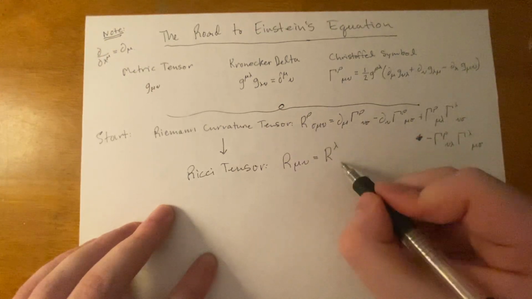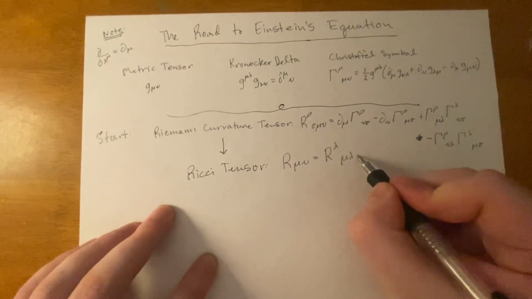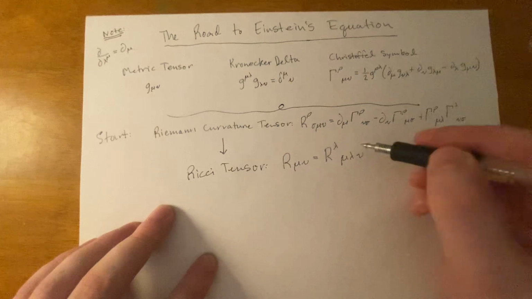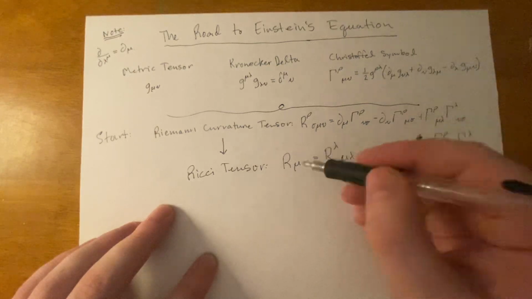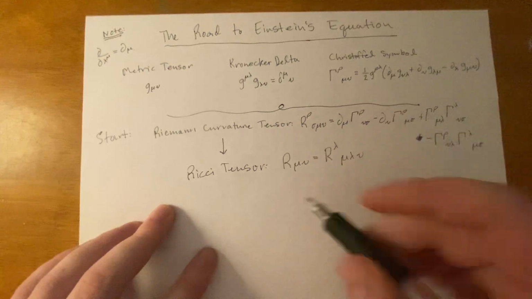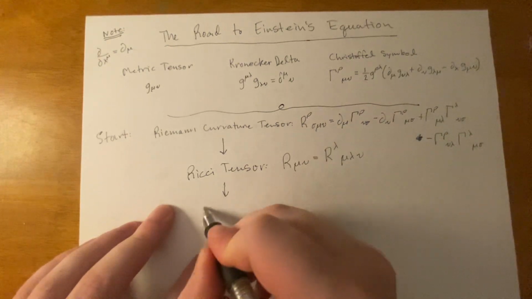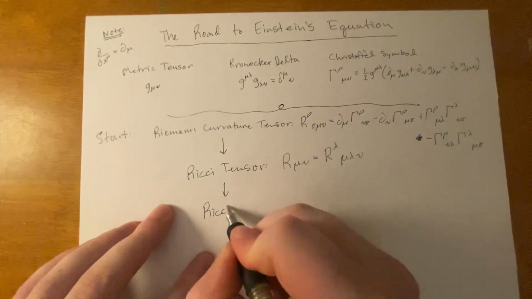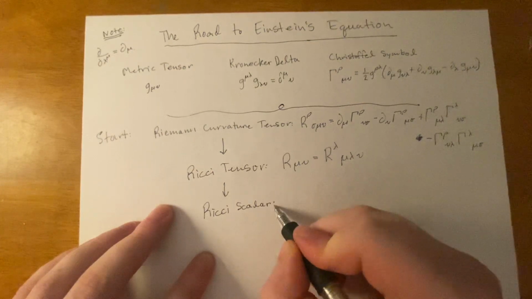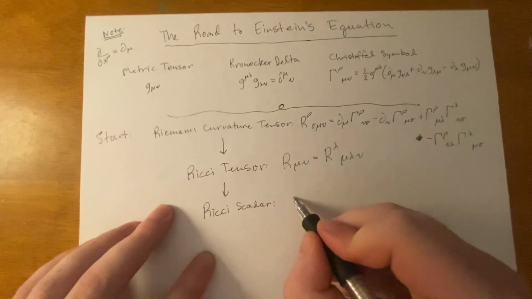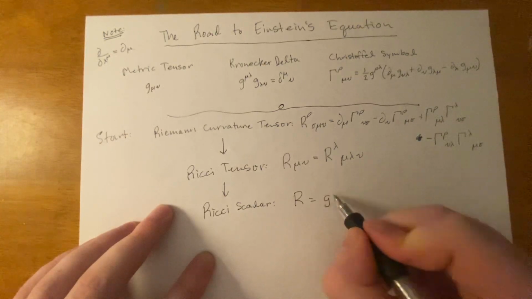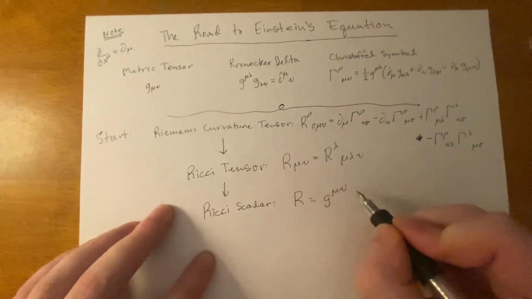As you can see, we're summing over the first and third indices to contract it into two indices. Okay, and then we get the Ricci scalar, which is just R, and we get that by applying the inverse metric.